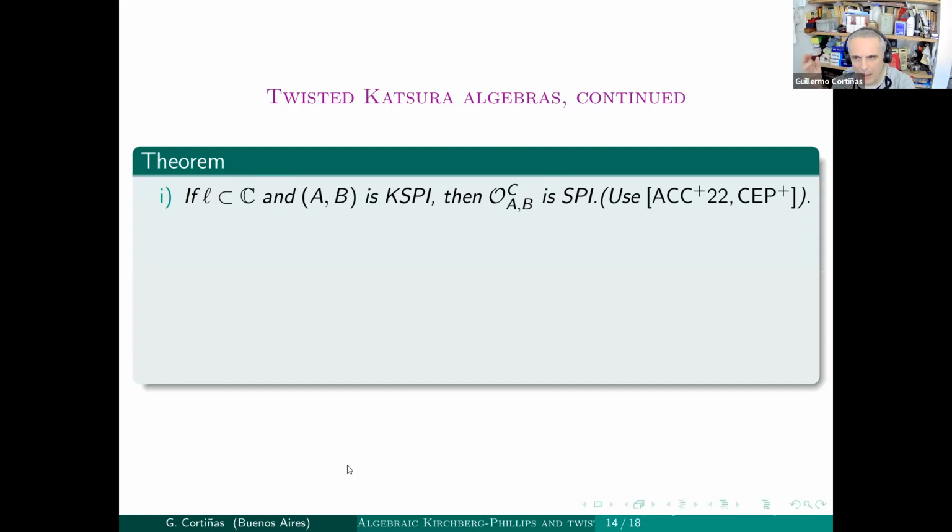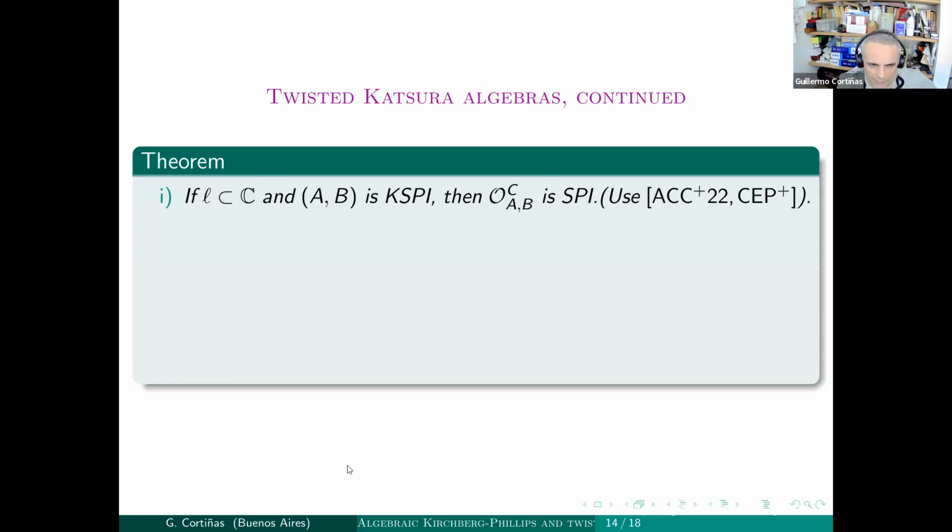The same holds for the C*-algebra of the groupoid. And I use that and the fact that the Katsura C*-algebra of AB is simple purely infinite when AB is KSPI, to conclude this. That's why I need that L is a subfield of the complex numbers.